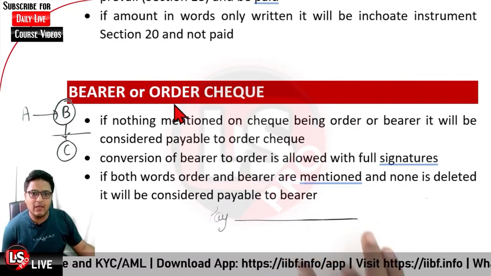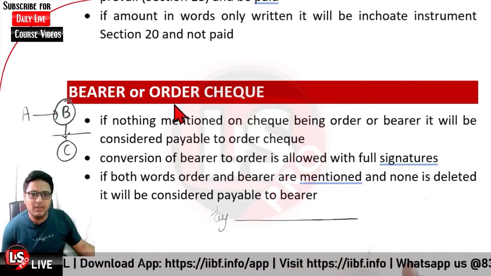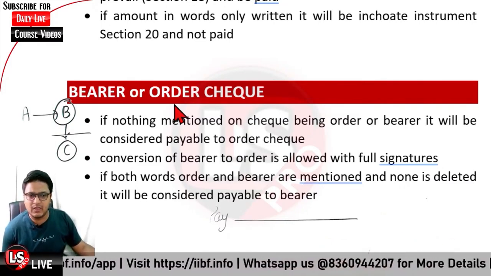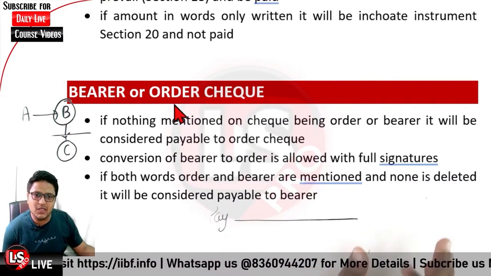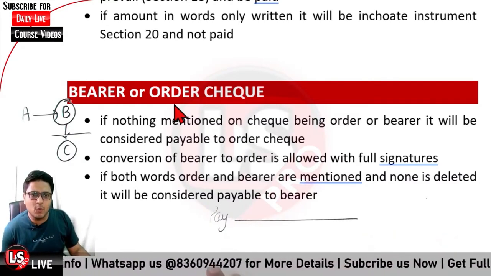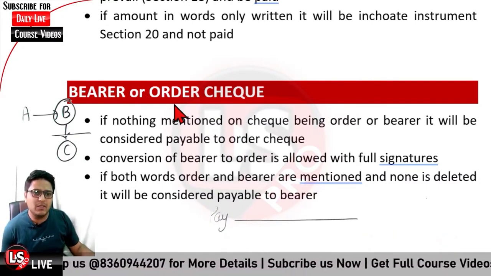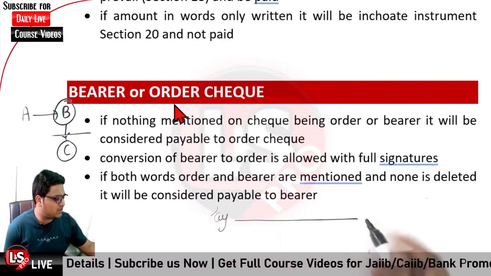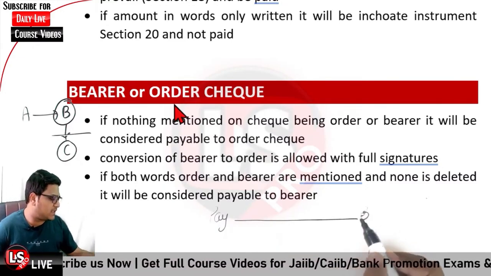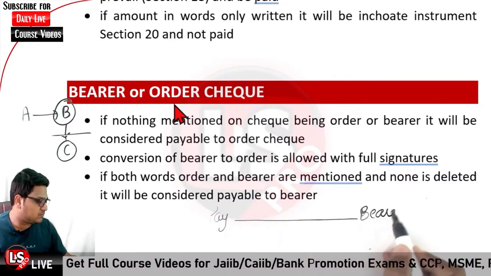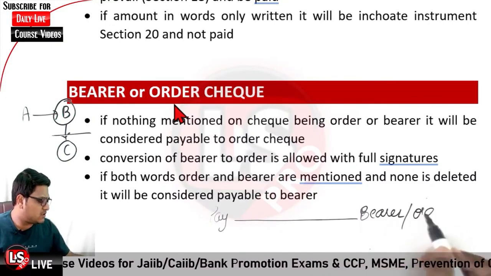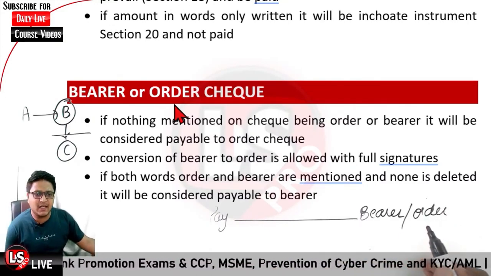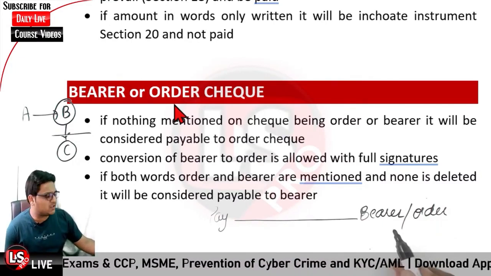And further, if we want to convert the bearer to order, it can be done with full signature. And further, if both the words order and bearer are mentioned and none is deleted, both the word bearer as well as the word order are mentioned in the check but none is deleted, in that case it will be considered payable to bearer.